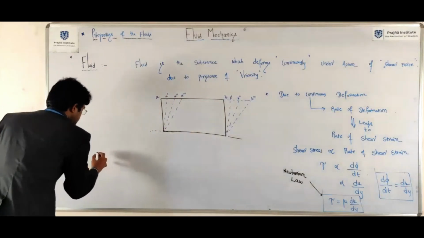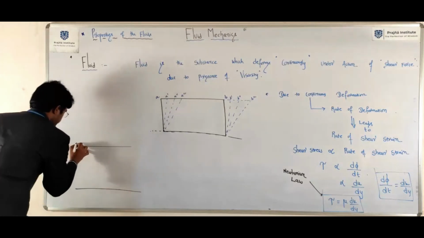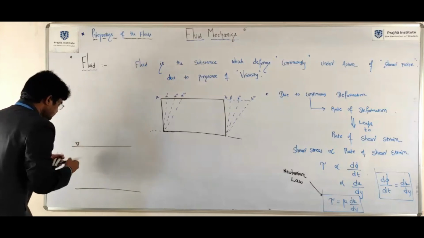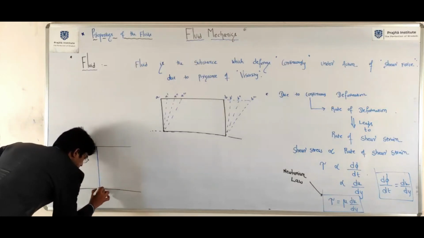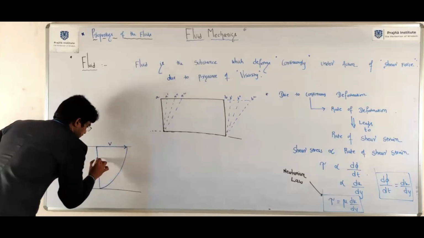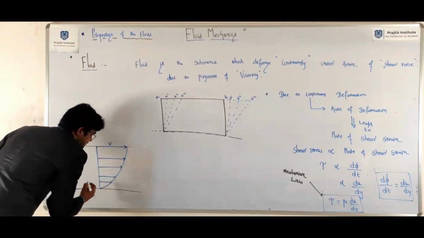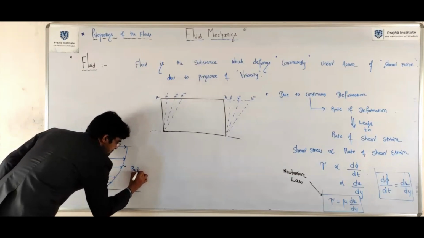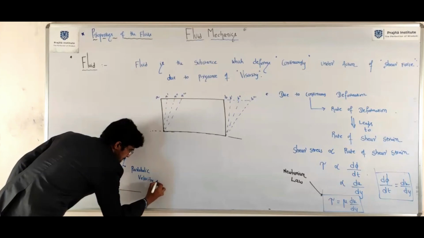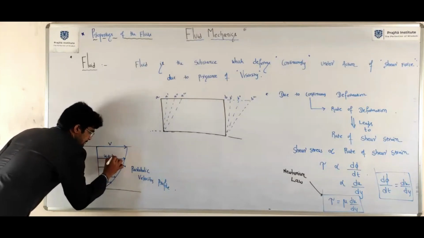Now, let's look at velocity profiles. First, it is a free surface, and this is V. It is a parabolic velocity profile, with velocity U plus dU.